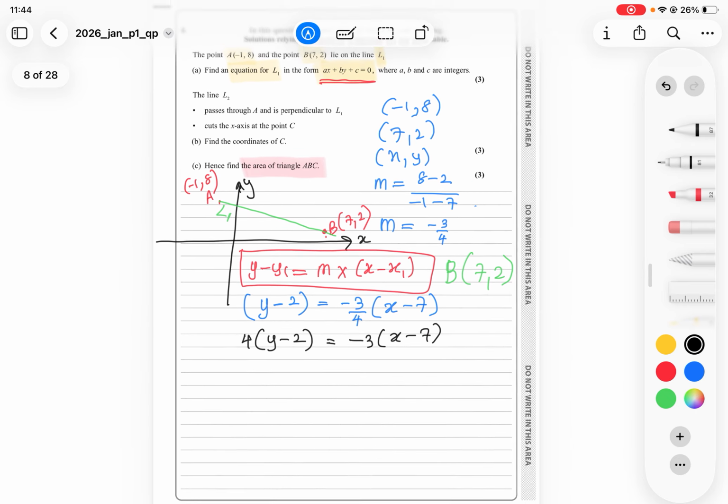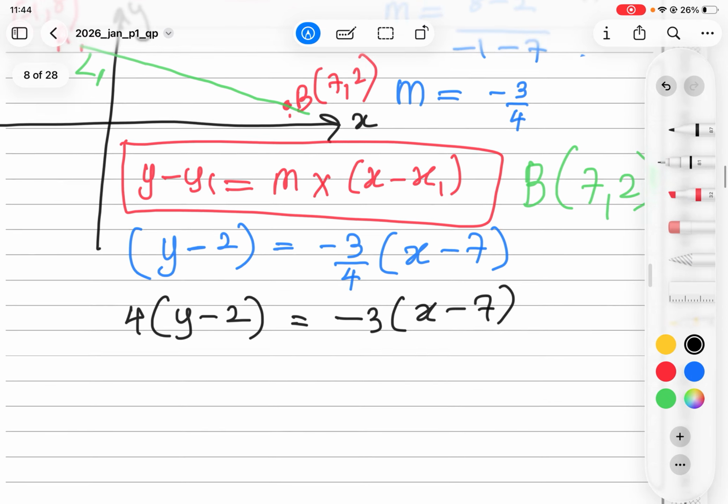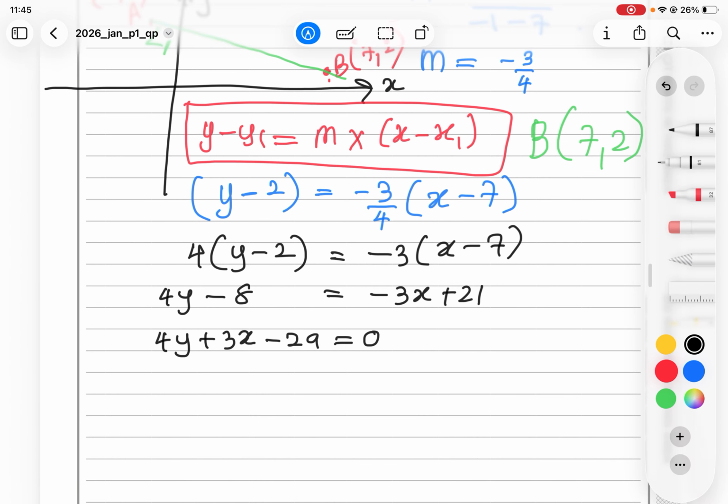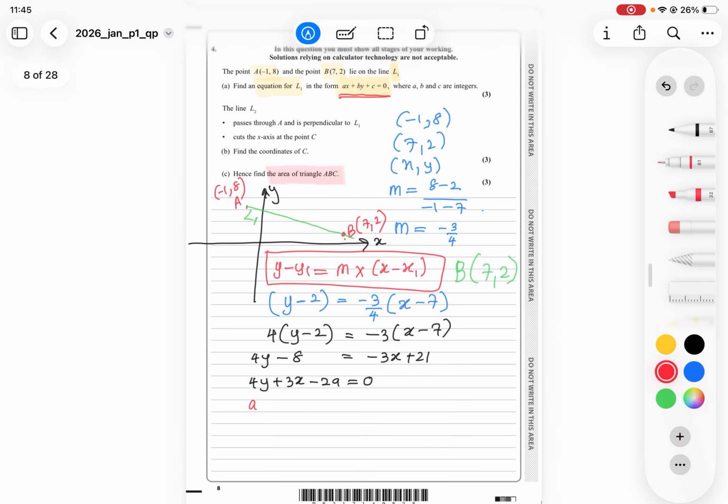If I further simplify, it should be 4y minus 8 equals -3x plus 21. I'm going to take everything to one side. So I have 4y plus 3x minus 29 equals 0.